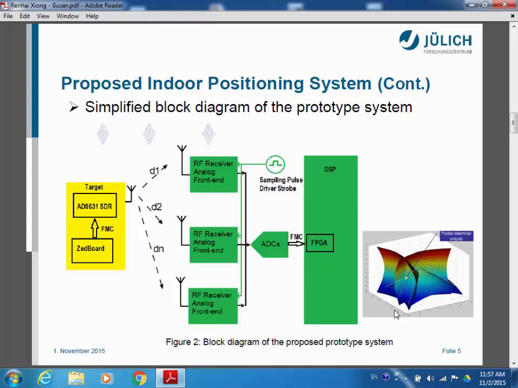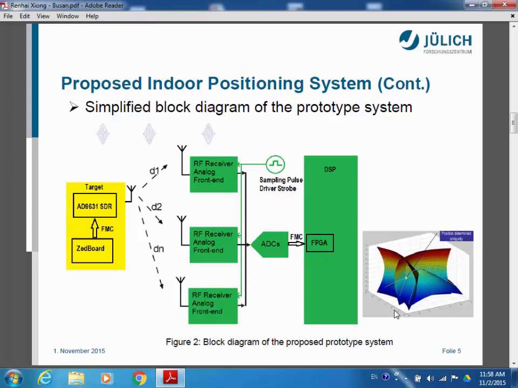GPS determines the position of the receiver by detecting the distance from the receiver to the satellites, and the intersection of 3 spherical surfaces determines the position.